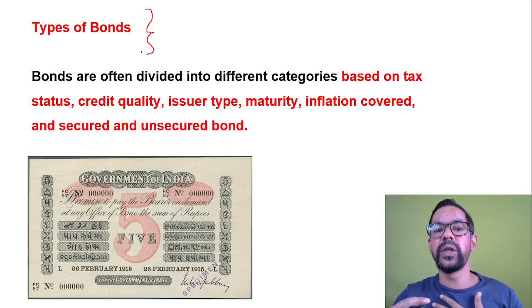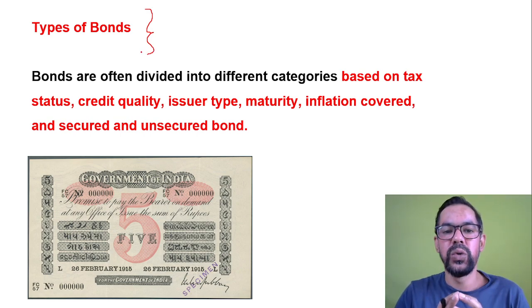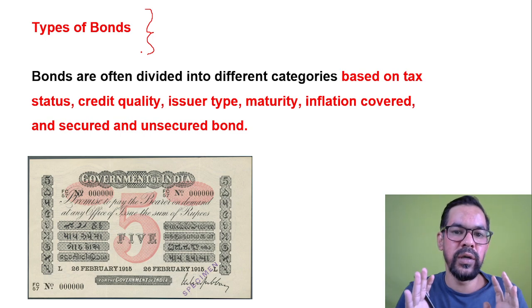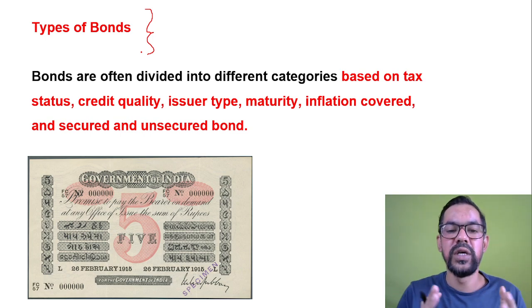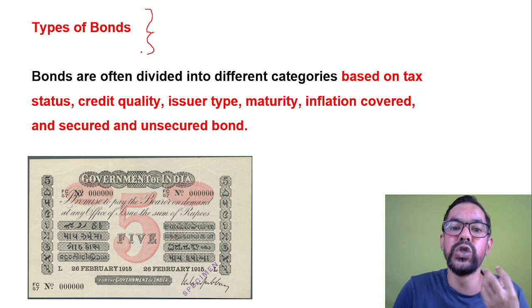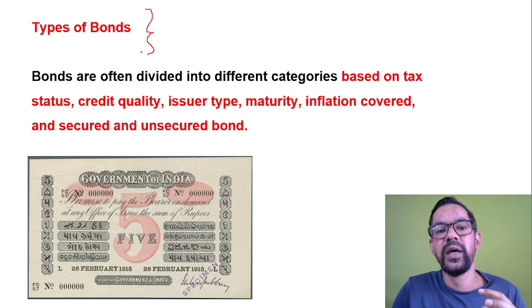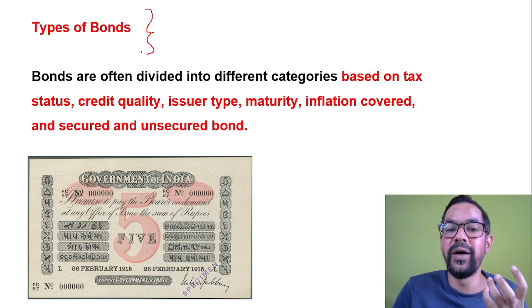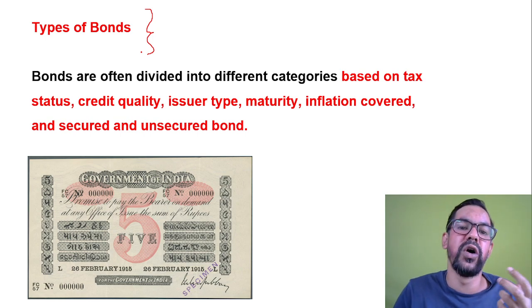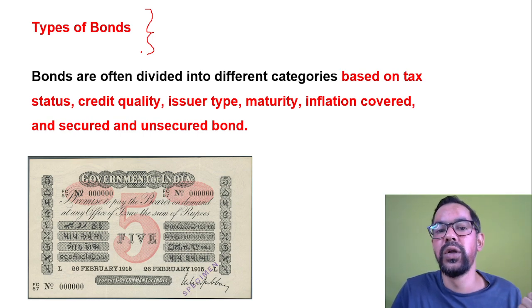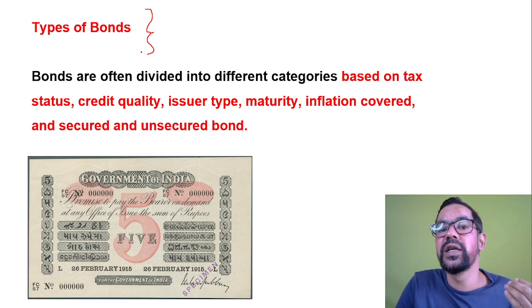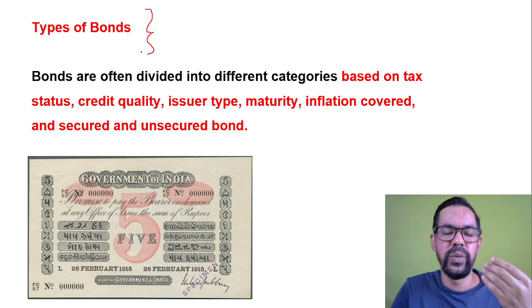That is definitely going to help you understand the concept of bonds. If you talk about the types of bonds, we have different types. They are generally classified on the basis of the issuer of the bond or some specific feature. If a bond is issued by a corporate house, it is known as a corporate bond. If a bond is issued by the Government of India, it is known as a sovereign bond, like sovereign gold bonds.